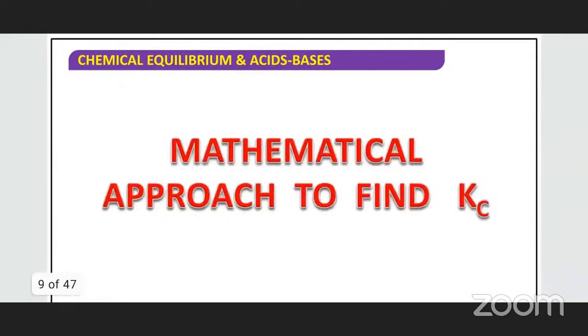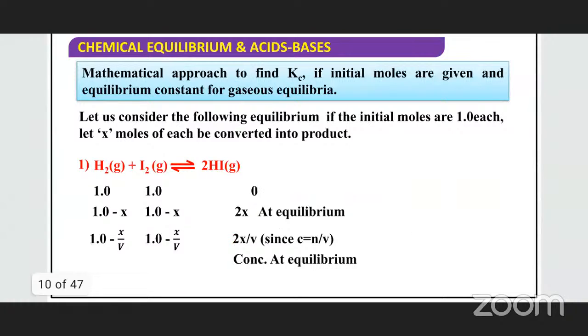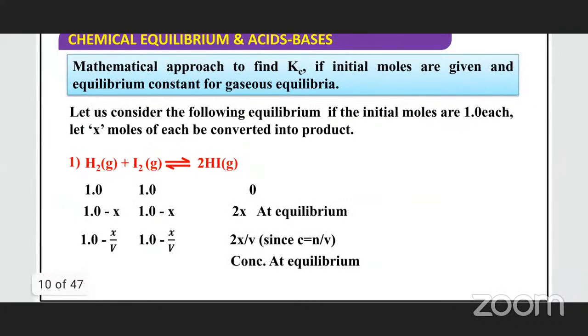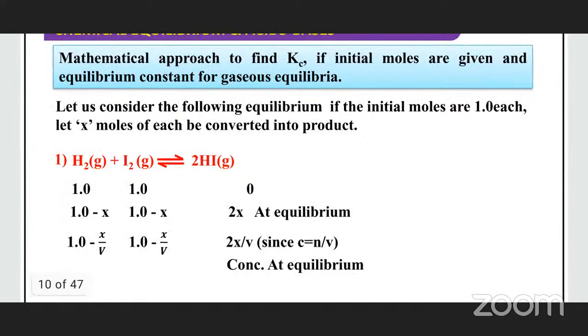Mathematical approach to find Kc. If initial moles are given, consider the following equilibrium for gases. If the initial moles are 1.0 each, let x moles of each be converted into product.